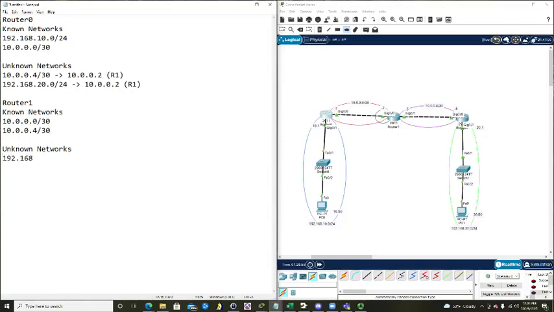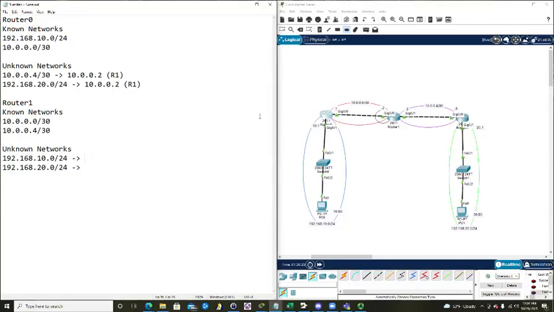So unknown is 10.0.0.0/24 and 192.168.20.0/24. And then we need to tell it how to get there.